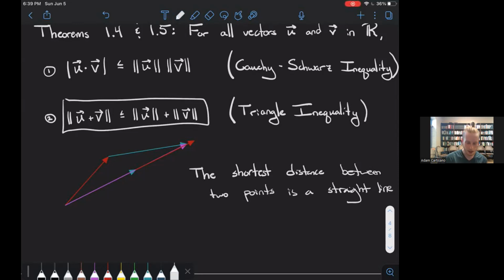Well, in other words, if you have any two vectors and you take their sum, you do tip to tail to get to some location. You could have gotten to that location in a shorter length, like less number of miles walked or whatever, if you had gone directly from the tail of u to the tip of the sum.